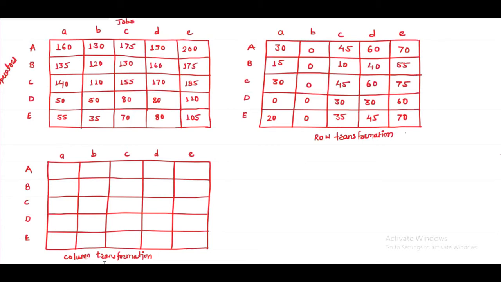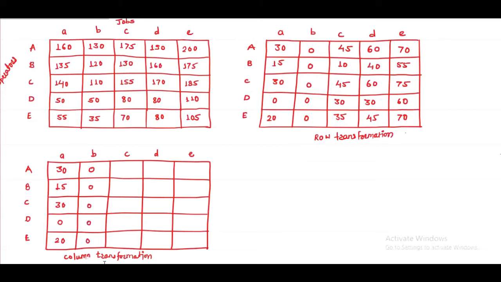So if we subtract 0 from each element of that column, you will get the same output, that is 30, 15, 30, 0, 20. In the second column all the elements are 0, so the second column will be as it is: 0, 0, 0, 0, 0.